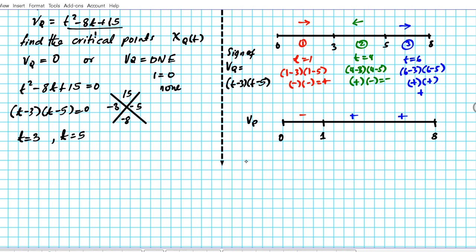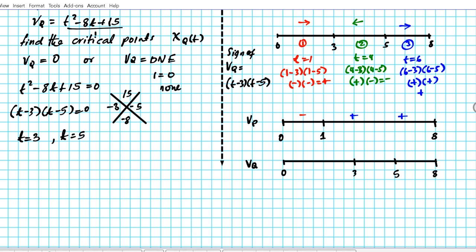Okay, and then let's look at V of Q. That's what we just did. We have two critical values for this one. We have 0, we have 3, and we have 5, and we have 8.